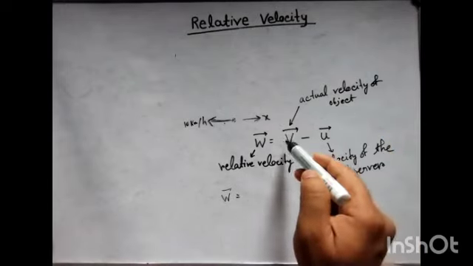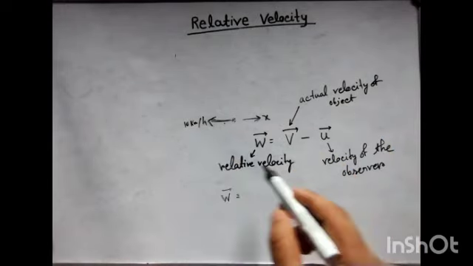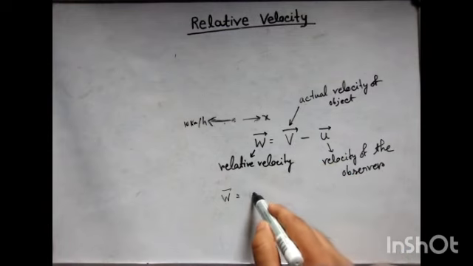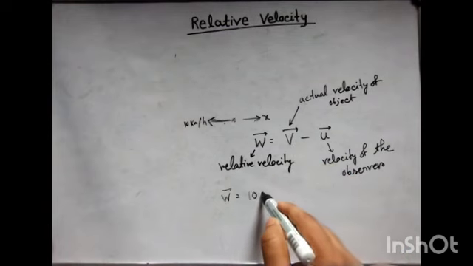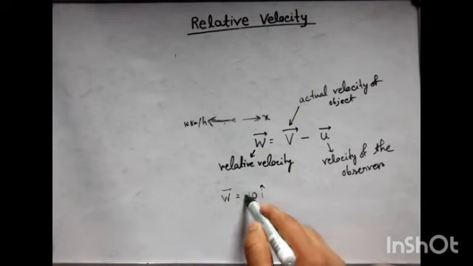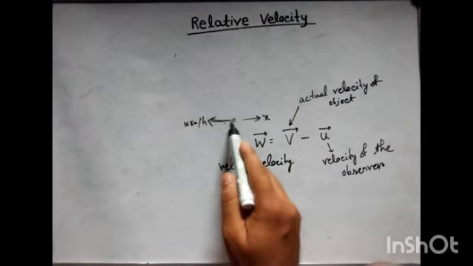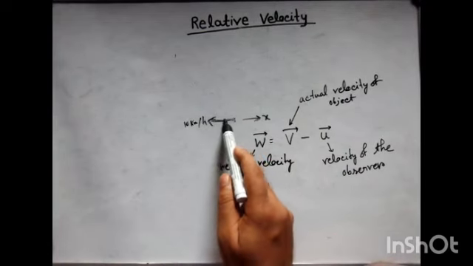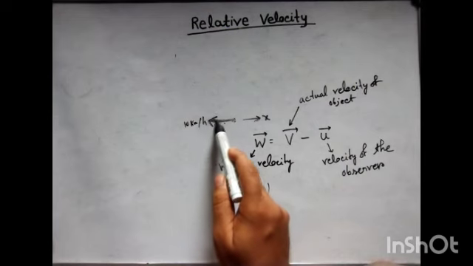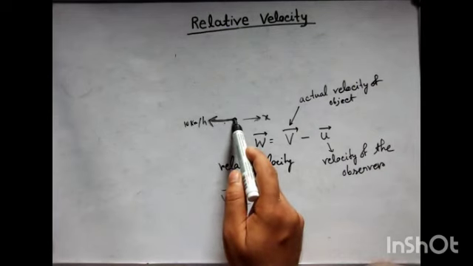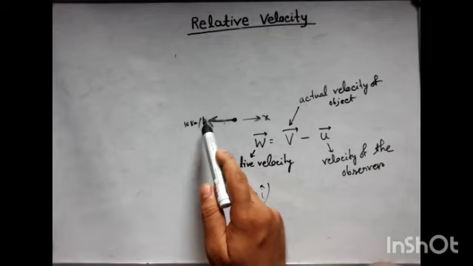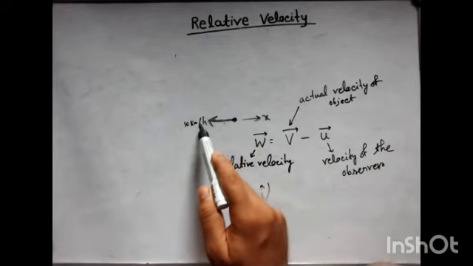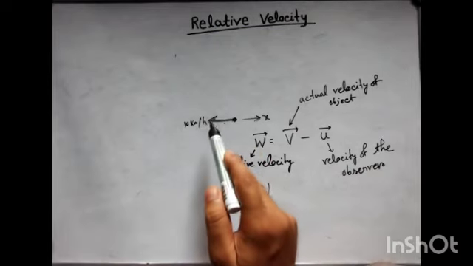Here the object is you who is sitting on this train, so the v vector is minus 10 i cap, that is the speed of the train, because if the train is moving with 10 kilometer per hour and you are sitting on this train, that means you are also moving with 10 kilometer per hour westwards.